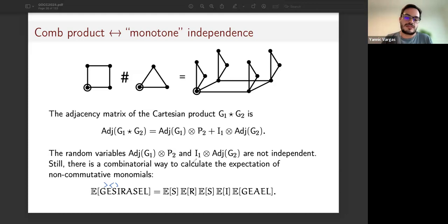And the thing is that we still can perform this calculation. And what's going to happen is that even if they are not independent, we're going to see that there exists a notion of independence for this very particular type of random variable.